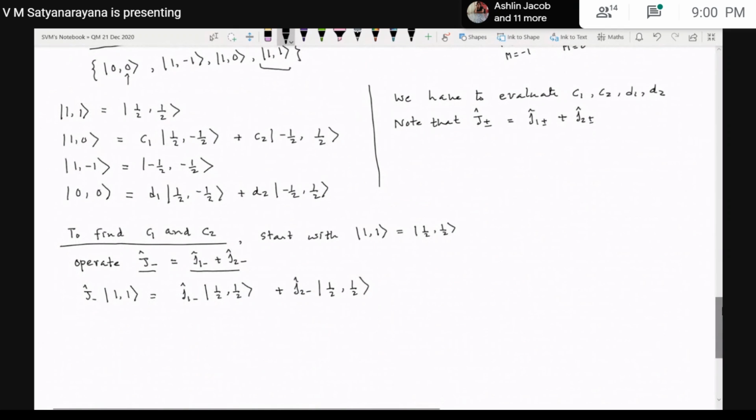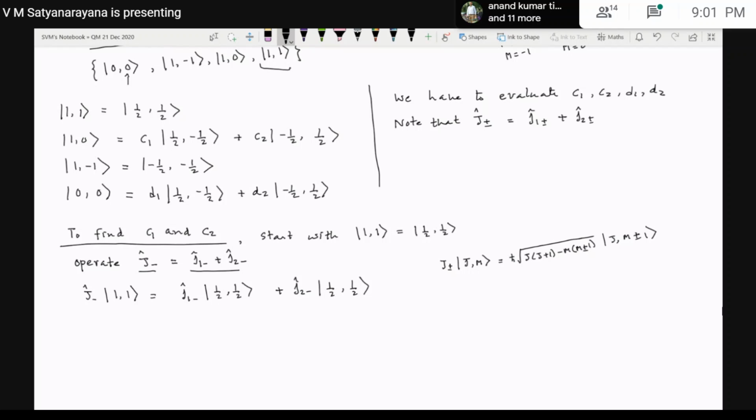Let us write that J plus minus acting on any |J,M> is equal to h bar times the square root of J into J plus 1 minus M into M plus minus 1, times |J, M plus minus 1>. Correct. So this is the result.